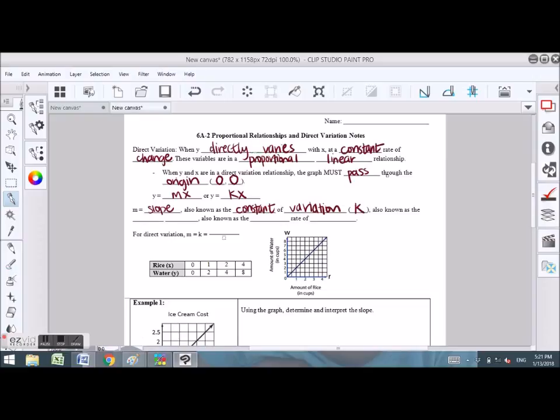And the variable we use for this is k. Now, I told you a lot of things would mean the same thing. So we have slope, which is also known as the constant of variation, and it's also known as the unit rate.